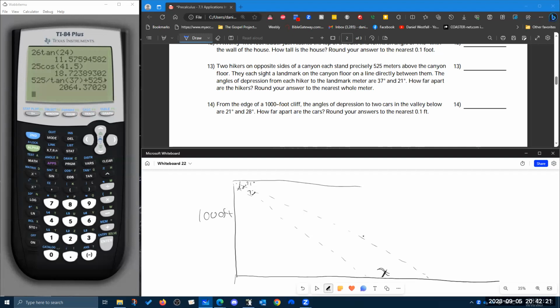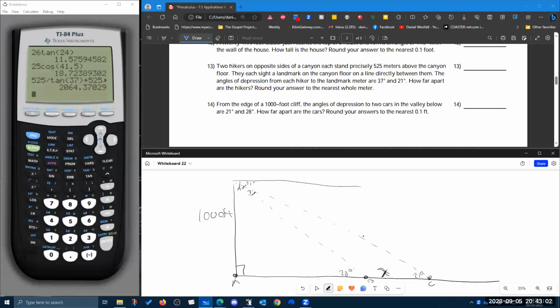But to do that, I'm going to have to say that this angle here is going to be 21 degrees, and this angle here is going to be 28 degrees. This is 90 degrees. And I'm going to have to say the big base here for the big triangle is from here. Let's call this A, B, and C. So you can figure out what I'm talking about.